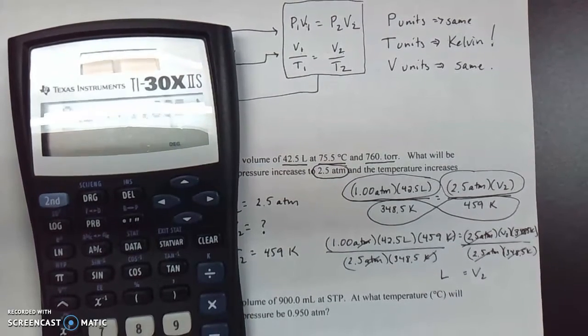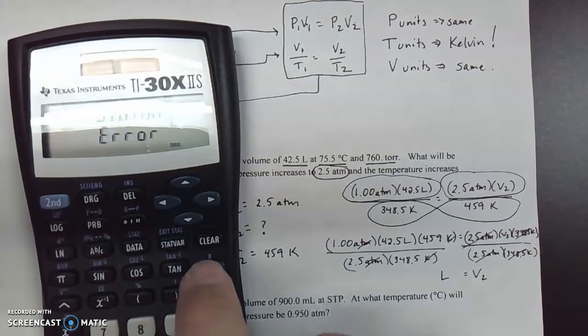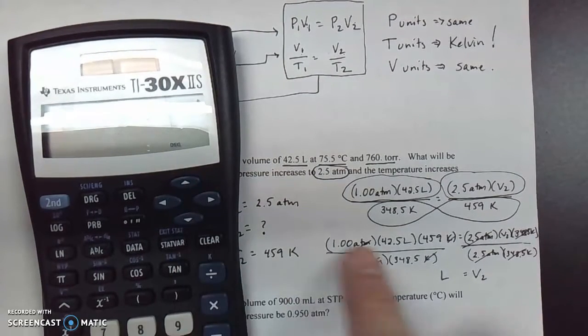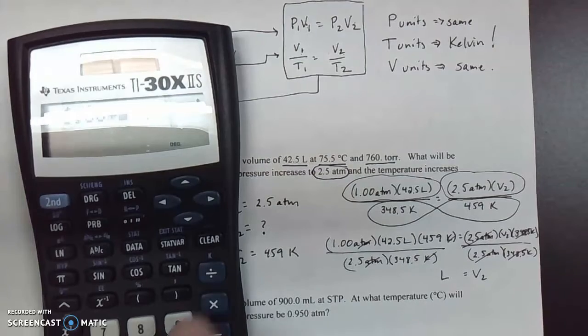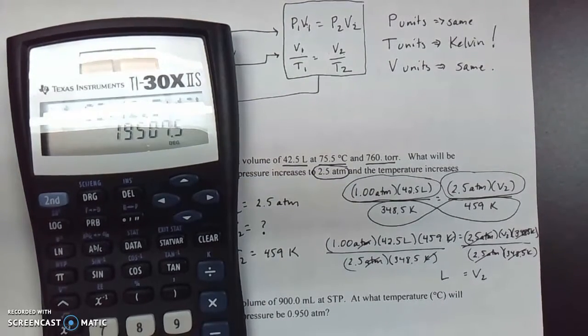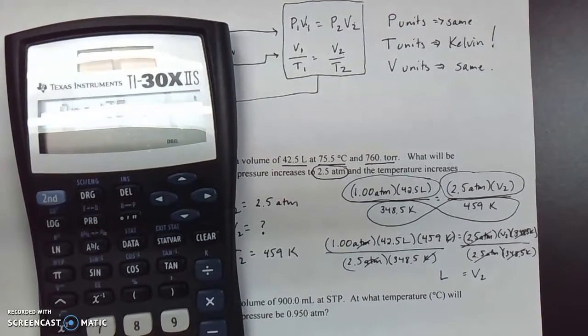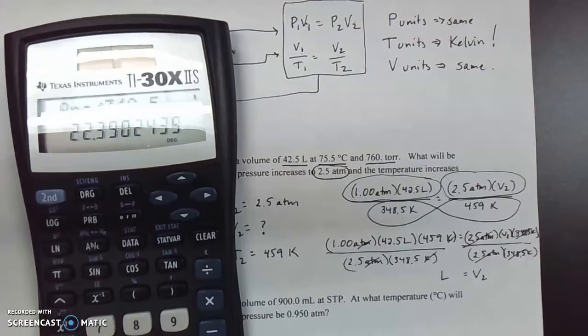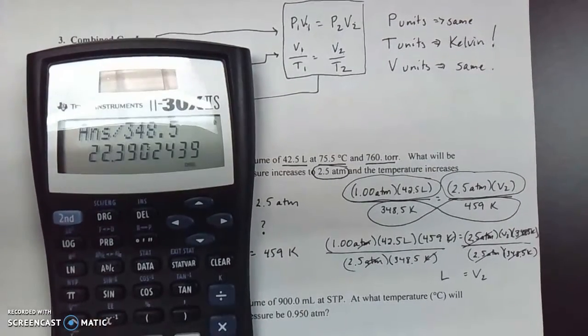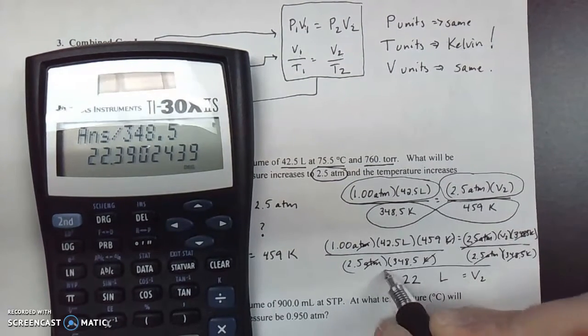Or if we multiply all these out and hit equals, divide by 2.5, hit equals, divide by 348.5 equals, we get the same answer. So to two significant figures it is 22 liters.